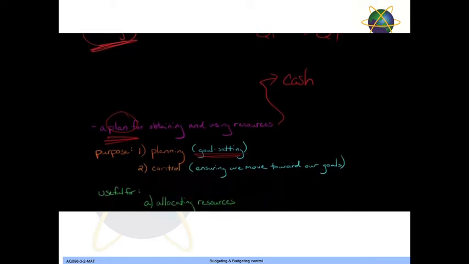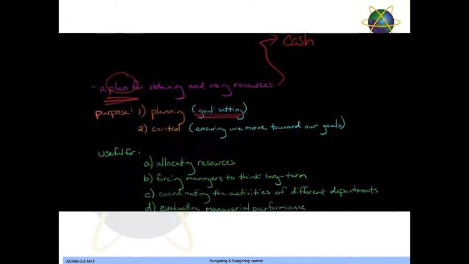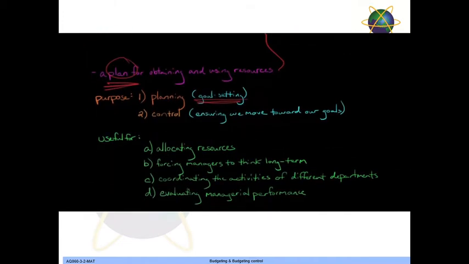So we want to do the planning and control, and ultimately this budgeting process and these two components are going to allow us to do a number of really useful things for our organization. One is, and this is kind of mechanical as part of the definition, we're allocating resources to the different departments, right? So we've got the marketing department, we've got the accounting department, we've got finance, and so forth.